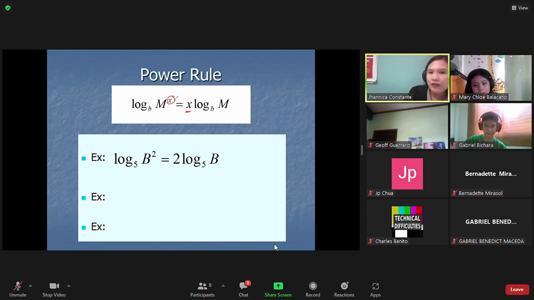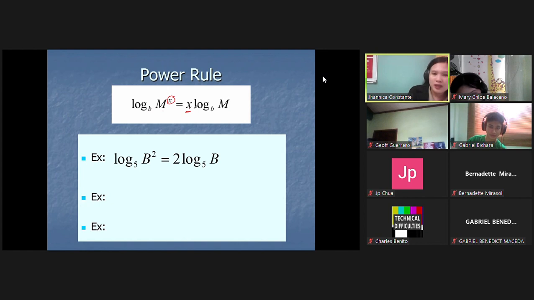So you get the exponent from your argument and move it in front of the logarithm, so it becomes x logarithmic b m. For example, logarithmic b of 5 squared will be equal to 2 logarithmic b of 5.